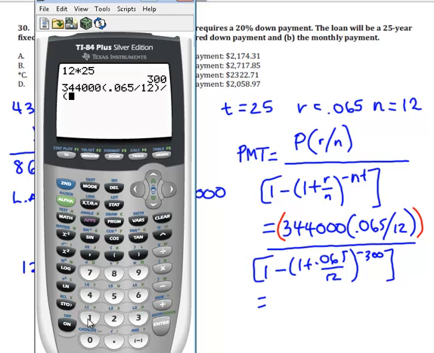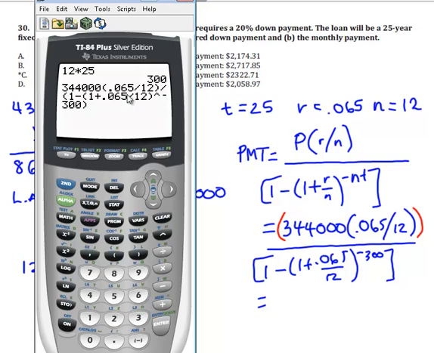Left paren, 1 minus another paren, 1 plus 0.065 divided by 12, close the parentheses, raised to the negative 300, and if I had not multiplied that out, I'd have to put parentheses around the negative 12 times 25. Now I'm going to close my parentheses.